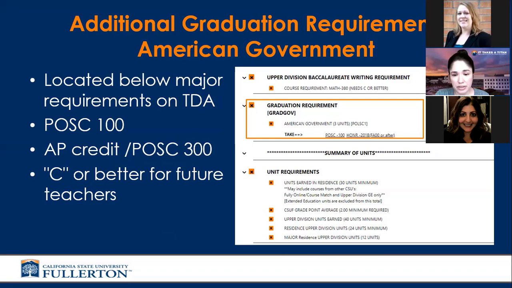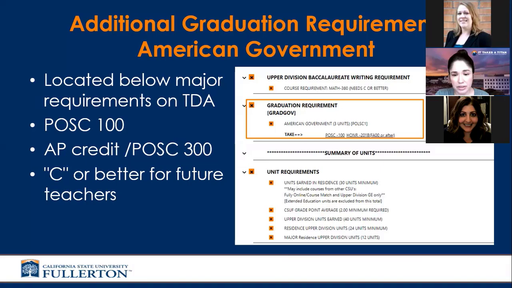So just make sure you fulfill that requirement. You most likely have, but we just wanted to make sure you didn't forget this. It's in the bottom there. You might even have turned in AP credit.